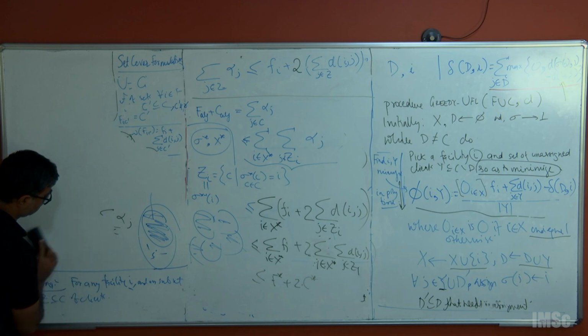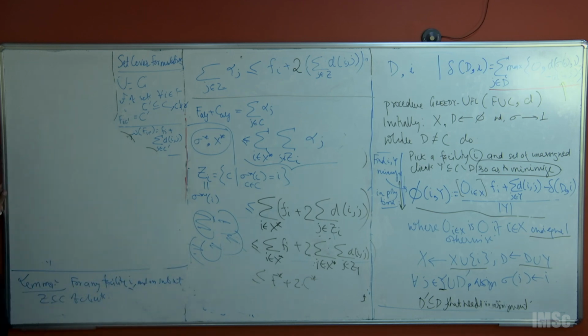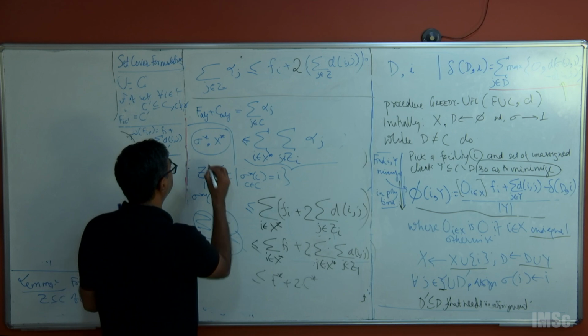Sir, I have a doubt. Yes, please ask. On the second board, f_i plus c_i is summation alpha_j. Then after that step, it is less than or equal to the double sigma of alpha_j, where i belongs to x star and j belongs to Z_i. So here x star and alpha star are from the optimum solution, right? Yes, from the optimum.